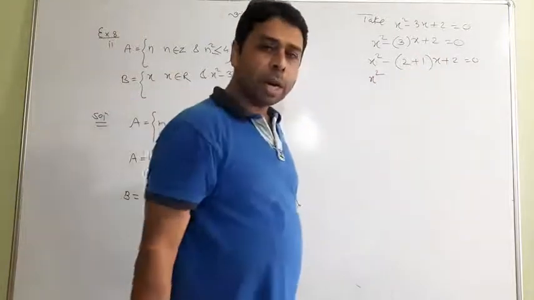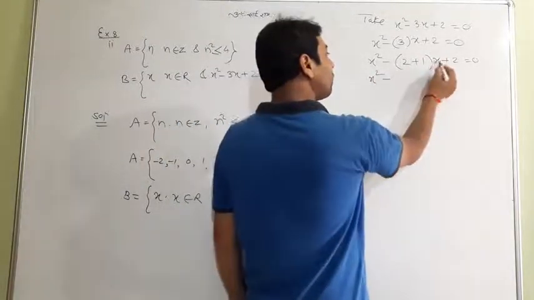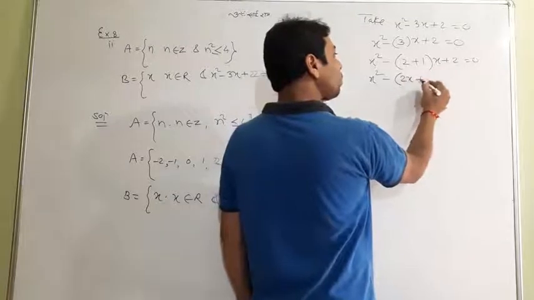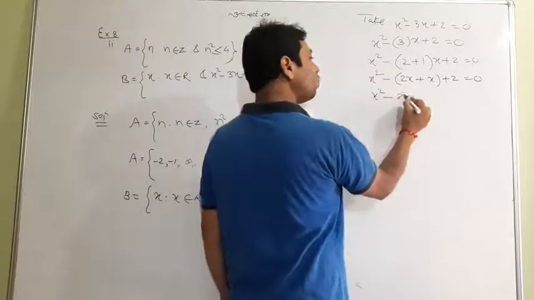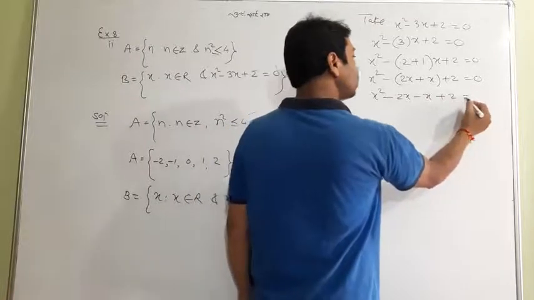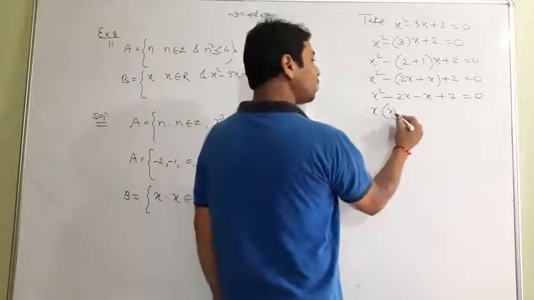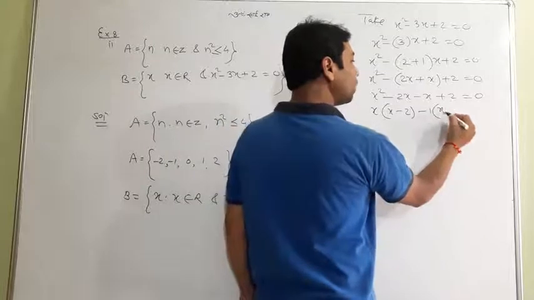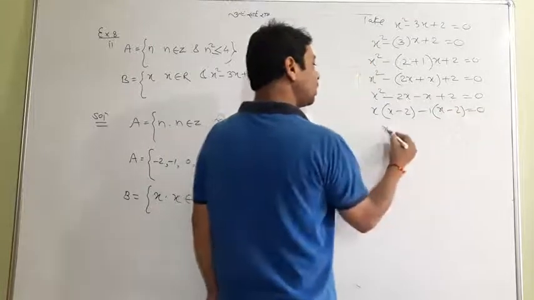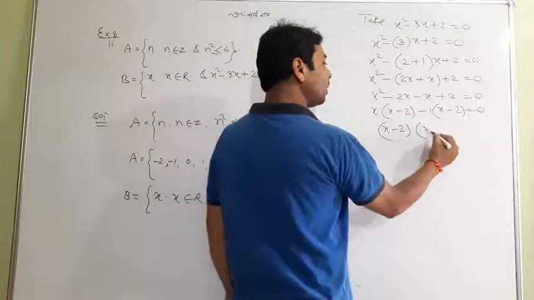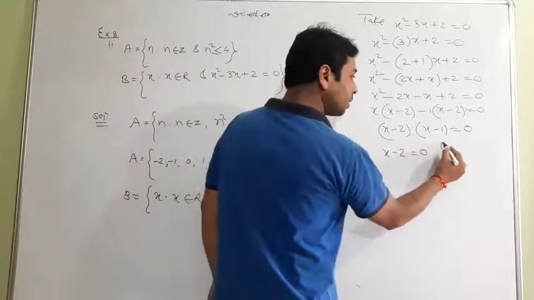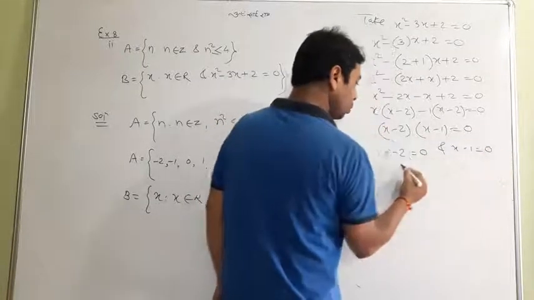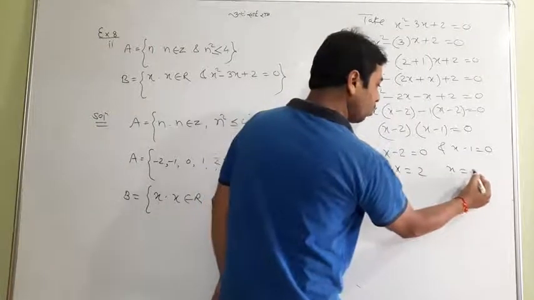So x square minus 2x minus x plus 2, take x common: x minus 2, minus 1 common: x minus 2, and ultimately x minus 2 common, what remains is x minus 1. We get 2 answers: x is equal to either 2 or 1.